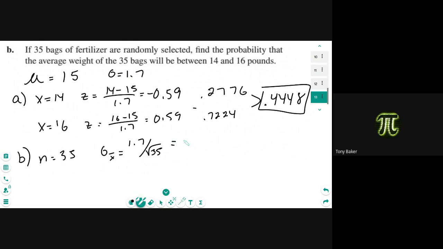So now my standard deviation is 0.29 instead of 1.7. So what should that do to that number? Is it going to increase it or decrease it?